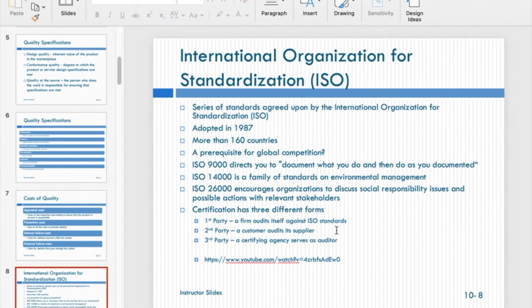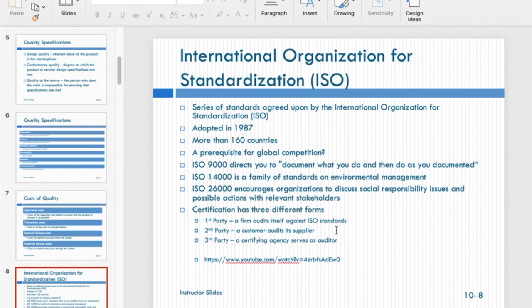Because this way is kind of midway between the first way and second way, in this way, the firm is more willing to disclose the information to the agency instead of the customer itself.